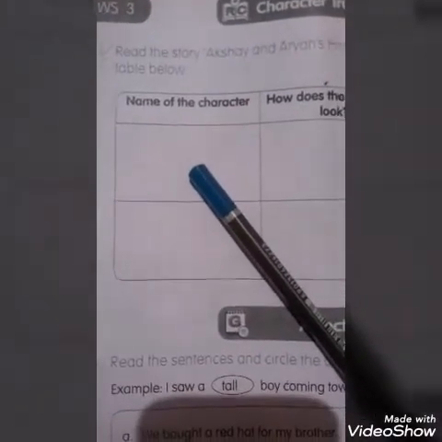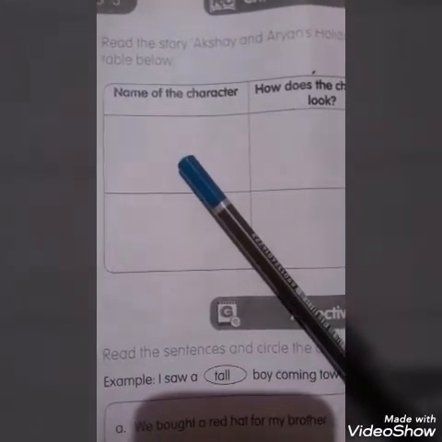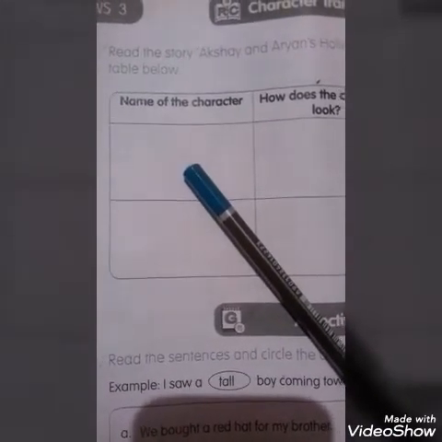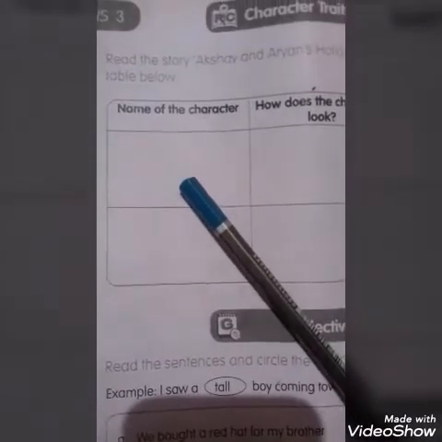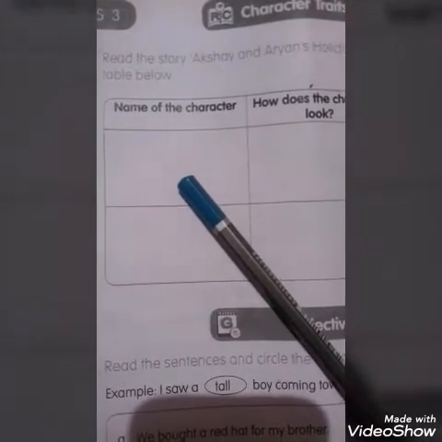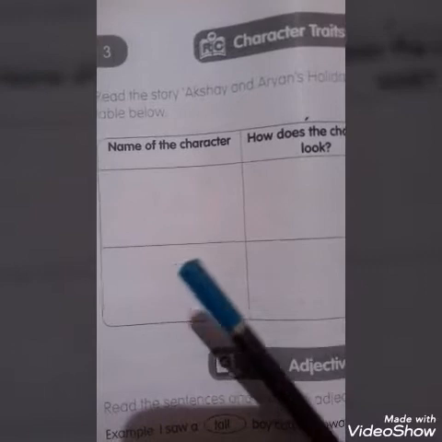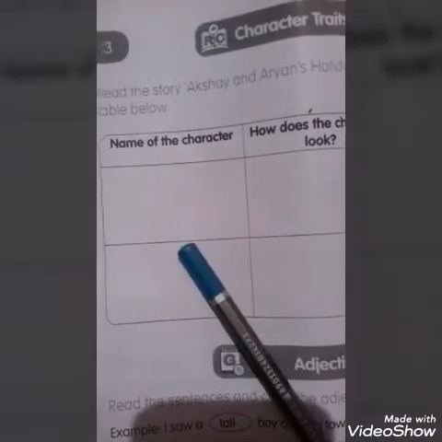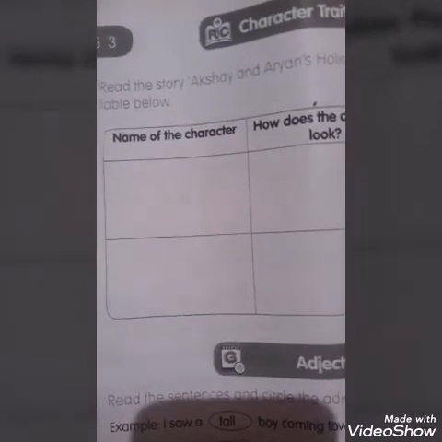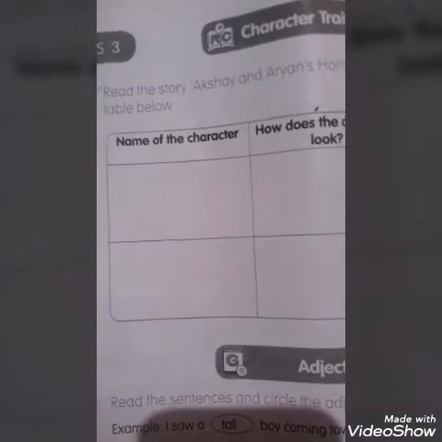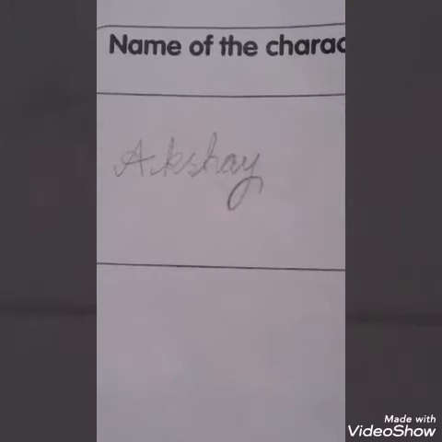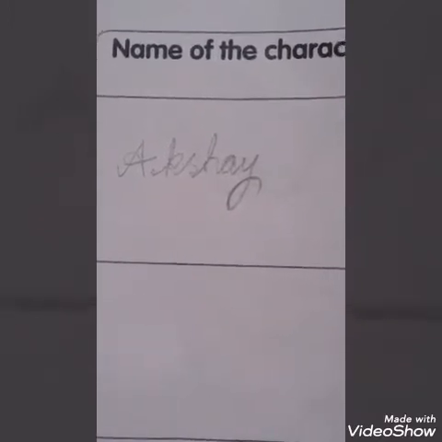So tell me now, what are the characters? Tell the name of the characters. Akshay and Aryan. Okay, shall we write? Okay, take your pencil. Next, we have to write, how does the character look?